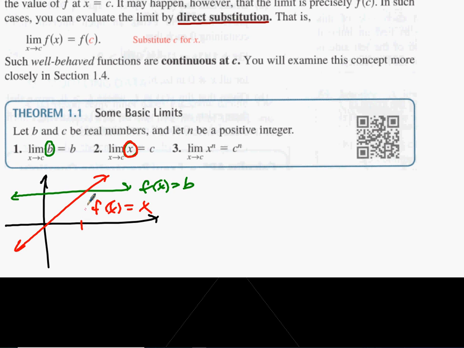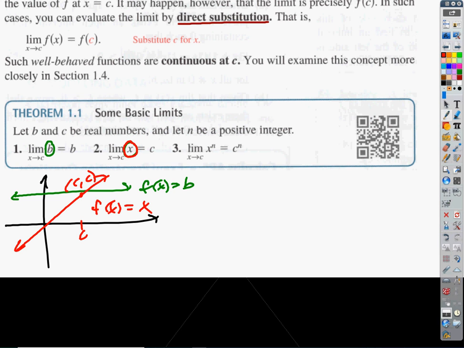Guaranteed, it's going to be c, right? So regardless of what x value we pick, as x approaches c, the limit is going to be c also. The y value is going to be c. So there's another real basic limit that was always going to be true.